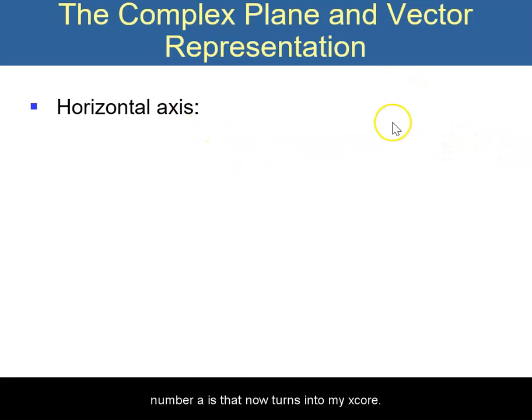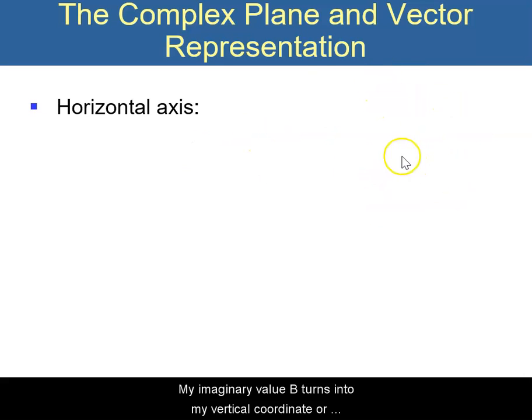So whatever my number A is, that now turns into my x coordinate for the regular rectangular coordinate system. My imaginary value B turns into my vertical coordinate or my y coordinate. So instead of having x, y as a coordinate pair, we look at a, b. So if I have the number, let's say 2 plus 3i, that means that in the coordinate plane, I go over to 2 and up to 3, and I draw my vector basically.